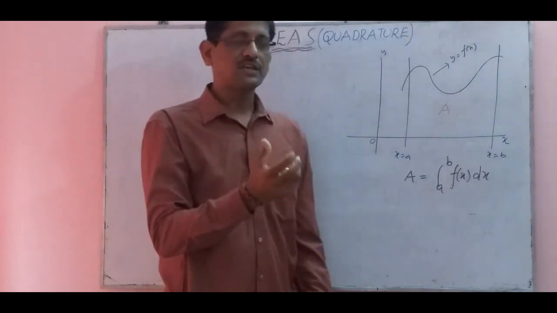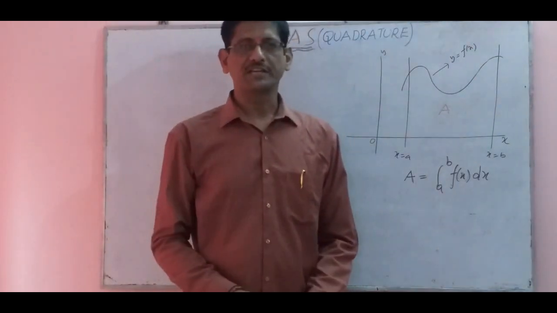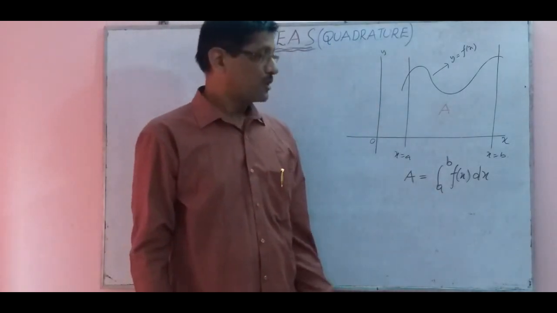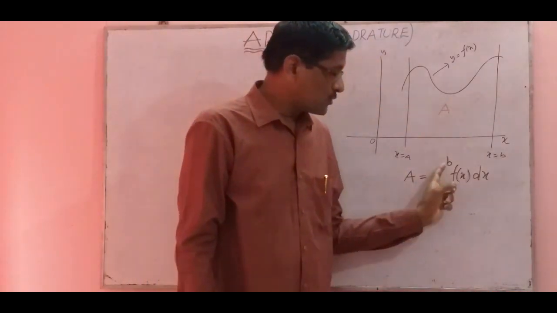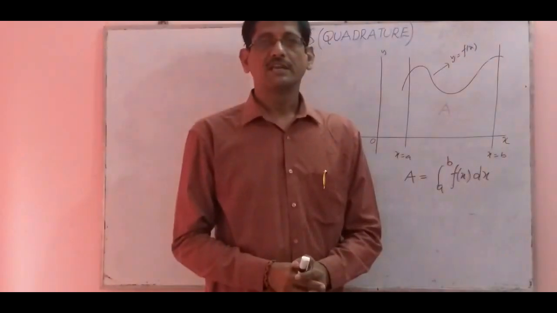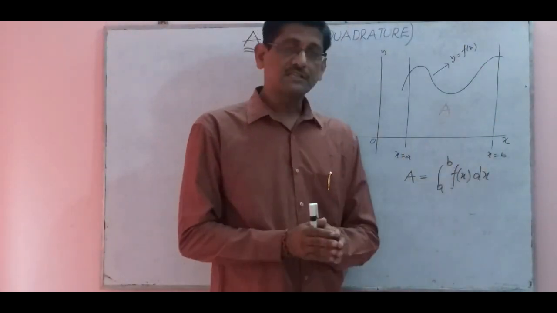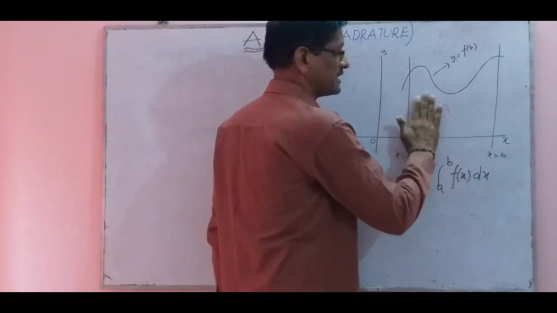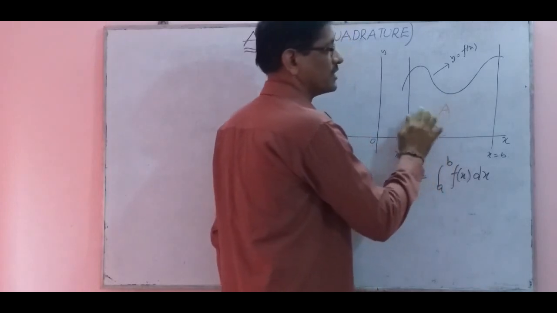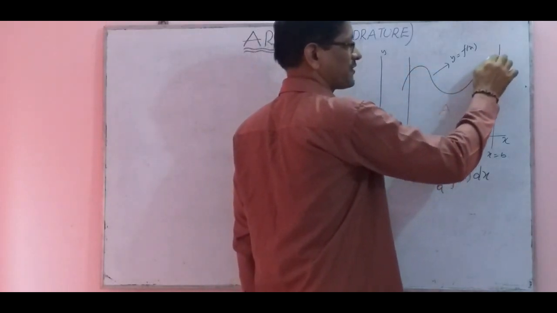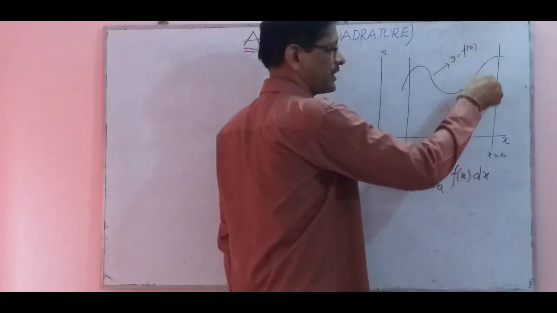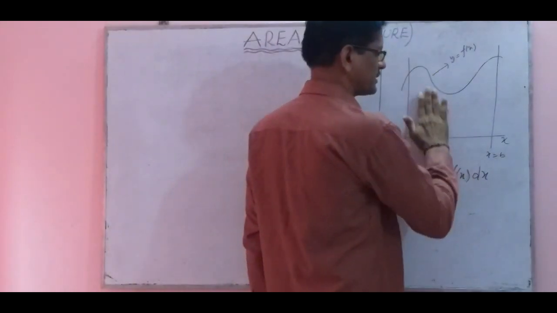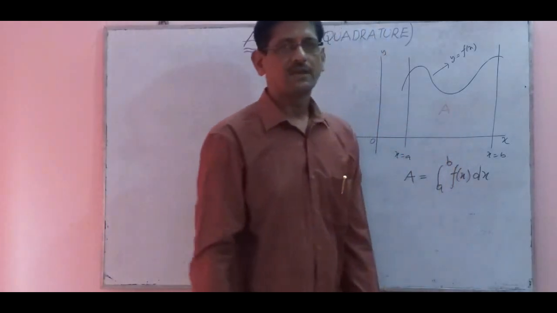Geometrically, the definite integral from a to b of f of x dx represents its area. The curve y is equal to f of x enclosed with the ordinates x is equal to b, x is equal to a, and the x-axis. This region is called area.